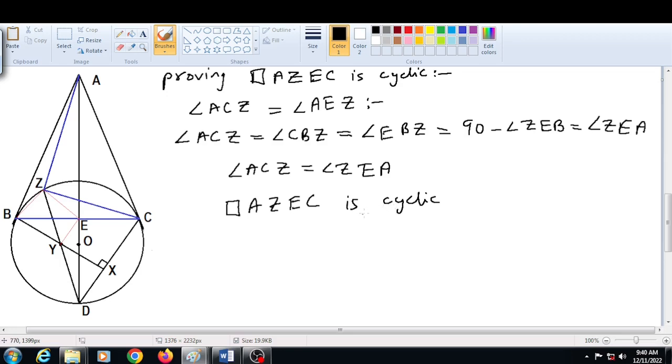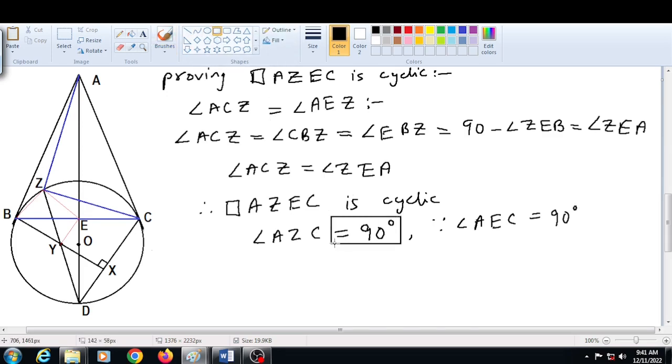And because quadrilateral AZEC is cyclic, as we argued earlier, angle AZC is 90 degrees because angle AEC is 90 degrees. So in this manner we show what is asked.